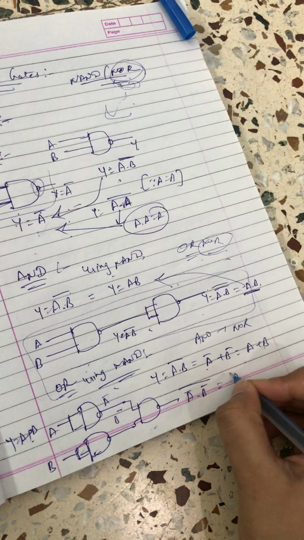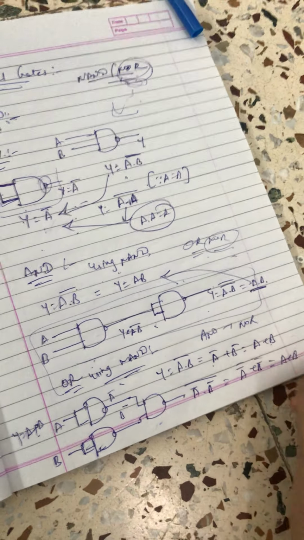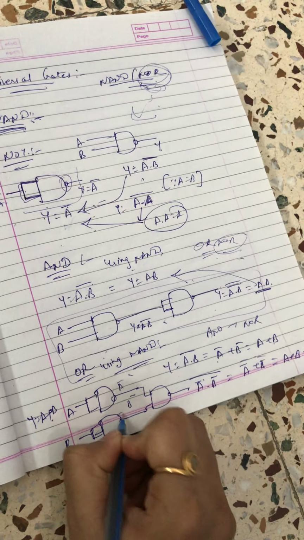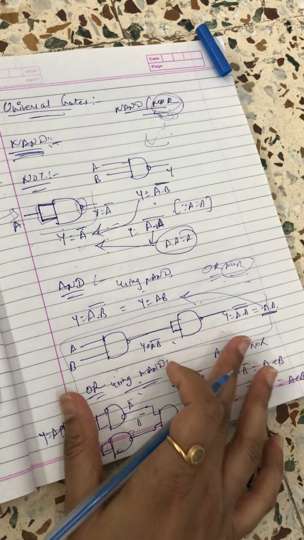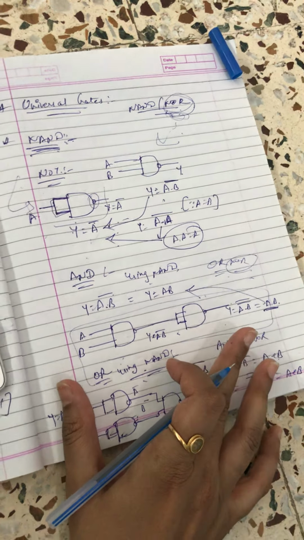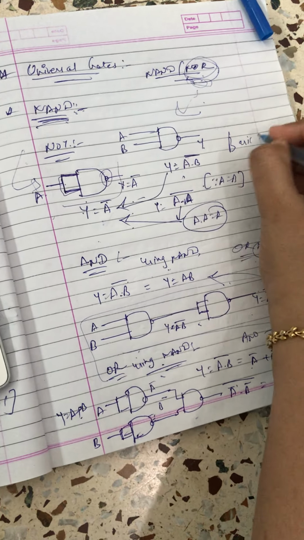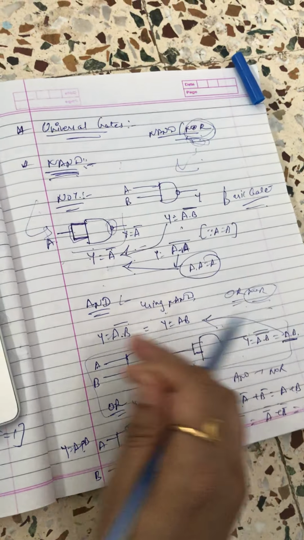It will become a bar bar plus b bar bar, so it will become a plus b. This is your y which you want. So this is OR gate with the help of NAND. Everyone can understand this. You can easily make any of the basic gates using a universal gate this way.